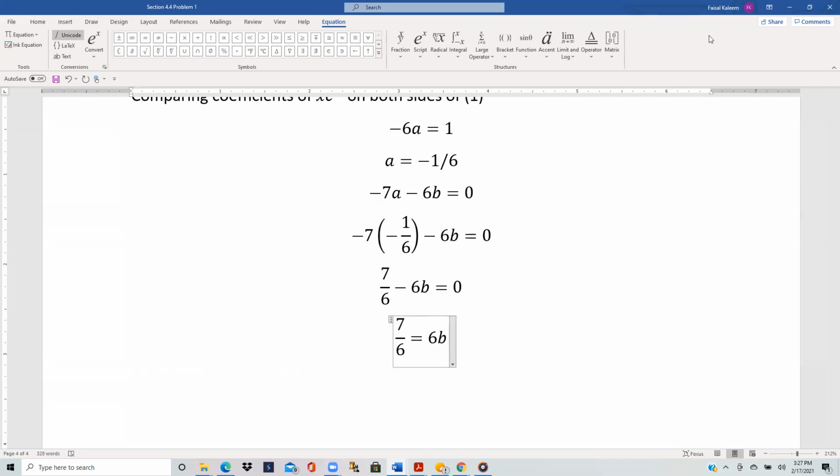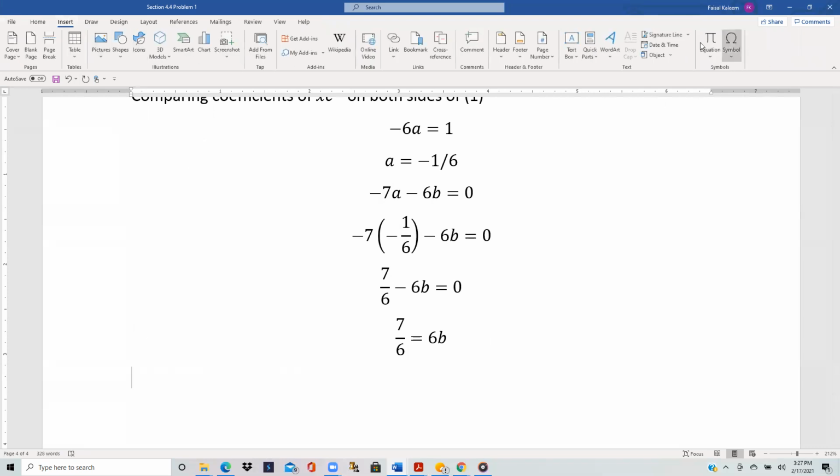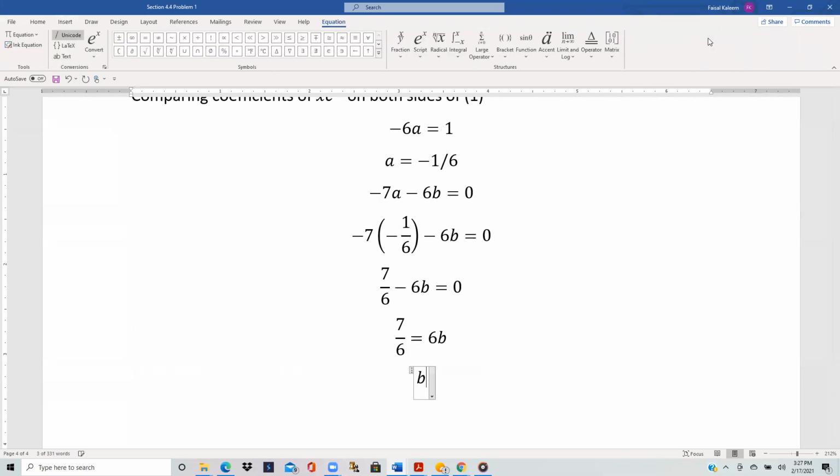So b equals 7 by 36. Now we have both the constants.